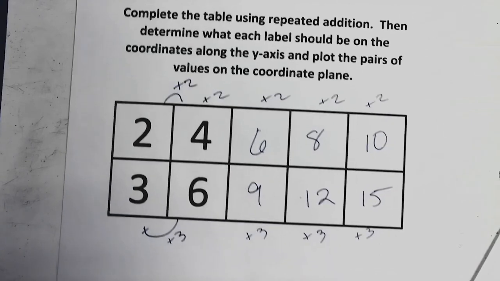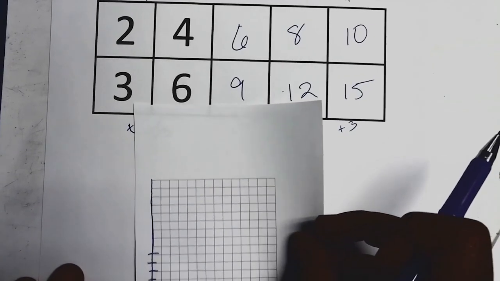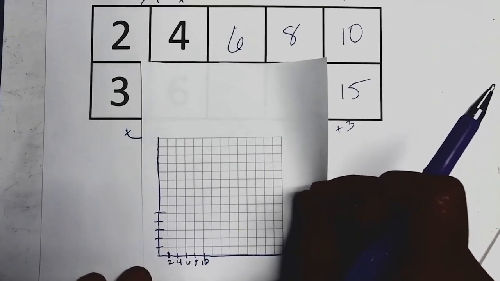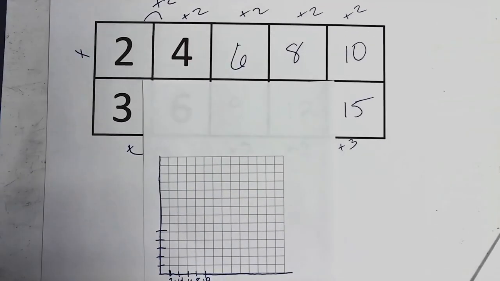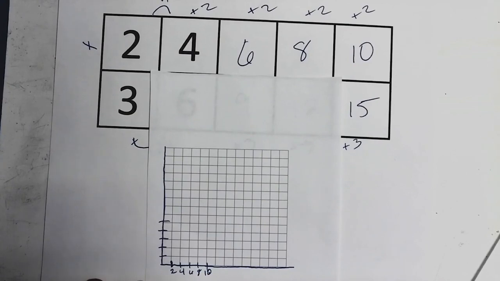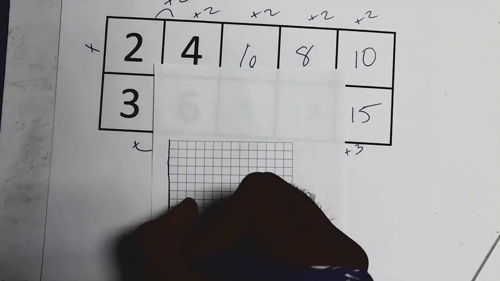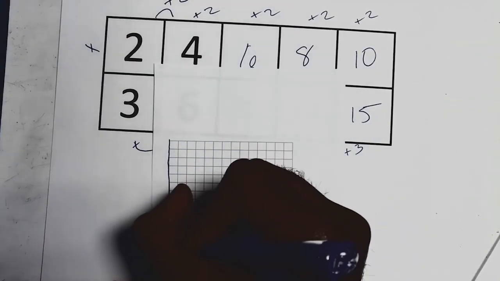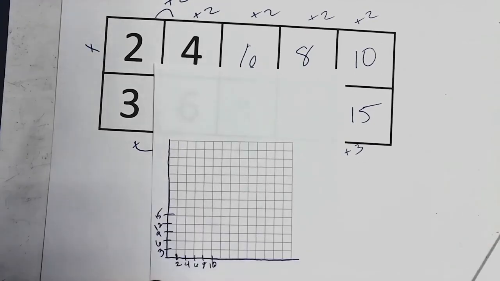So now from this table, I've already started my graph. Because I can see my x is going by 2s, I already labeled my x-axis by 2. My scale is by 2s. What should my scale be for my y-axis? Looking at my table. Correct. I can make this go by 3s. 3, 6, 9, 12, and 15.